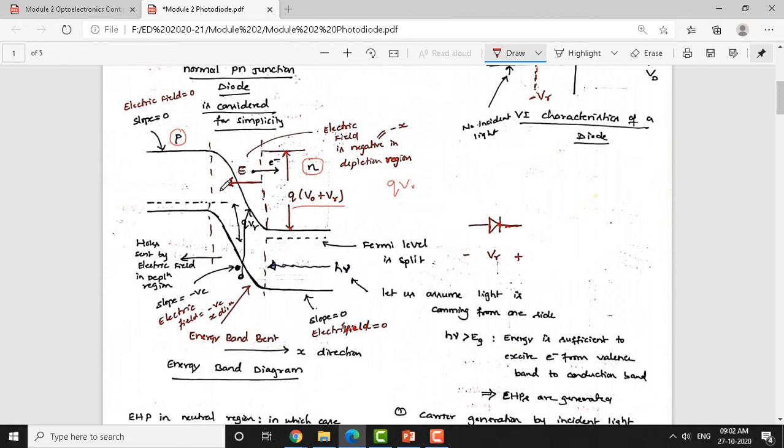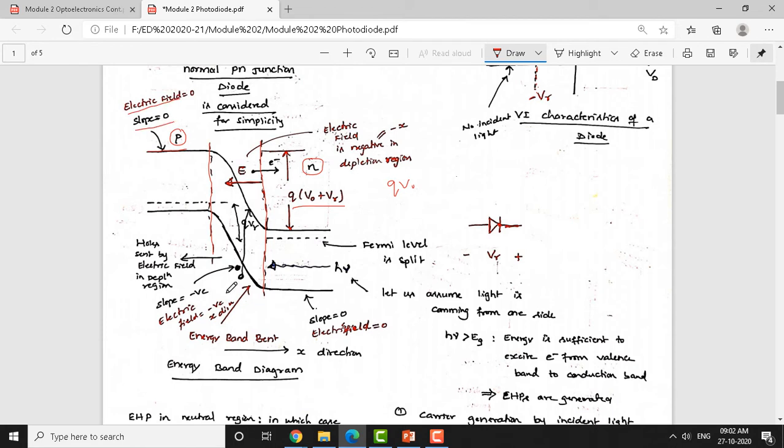Okay, so here three different processes will happen within the depletion region. This is the depletion region which has been shown here with the dotted line for a p-n junction. This is on the N side, this is the depletion region. Okay, so you can see here in the energy band diagram, there is no slope, so there is no electric field in the neutral P region.